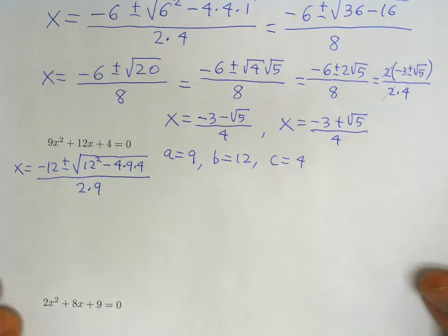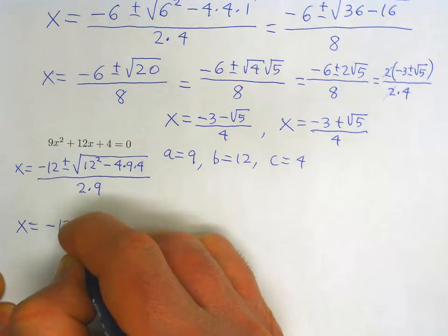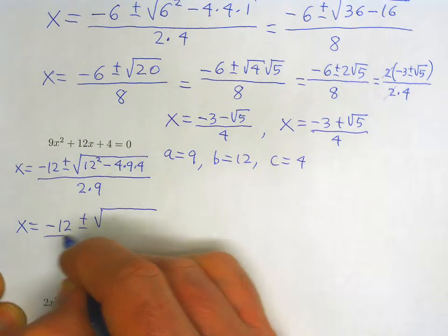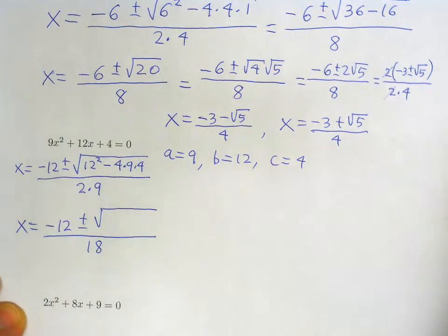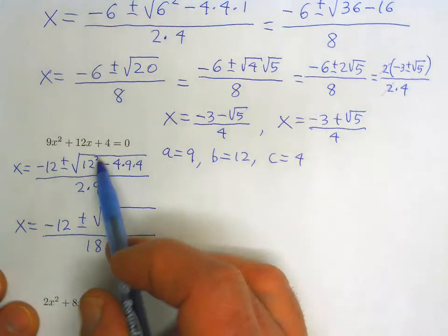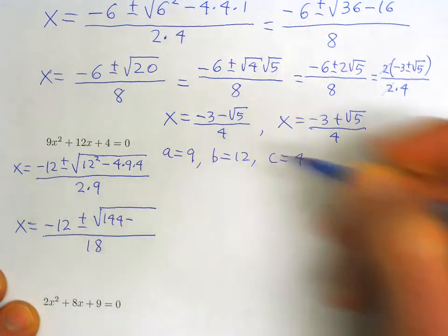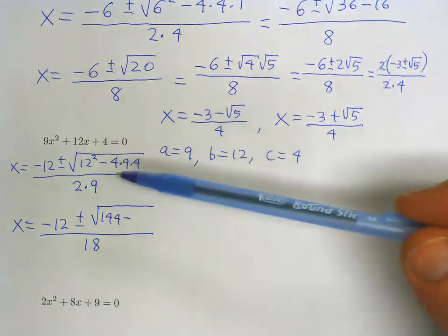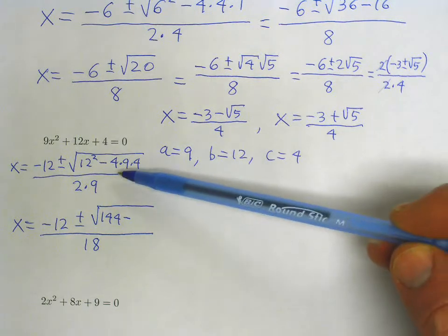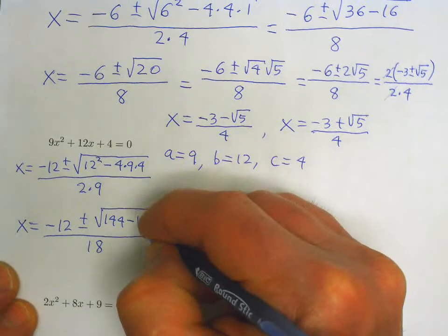Okay, then we do the arithmetic. x equals negative 12 plus and minus the square root of some number, all divided by 18, because 2 times 9 is 18. Inside the square root, 12 to the second is 144, and we're subtracting 4 times 9 times 4. 4 times 9 is 36, and 36 times 4 is 144.